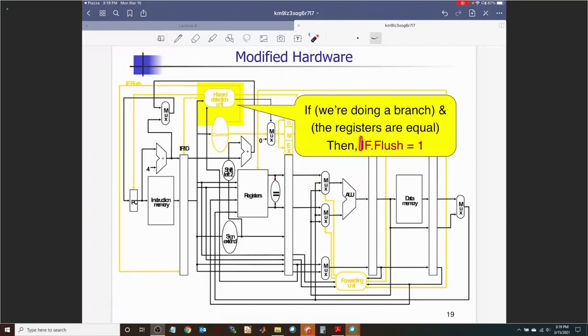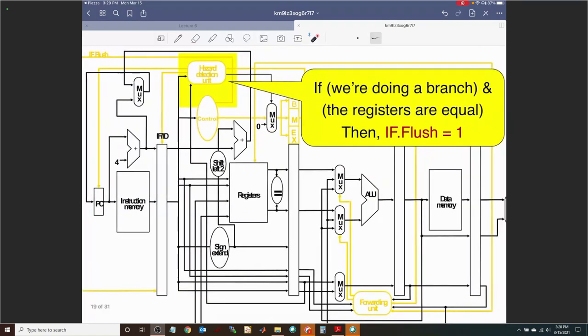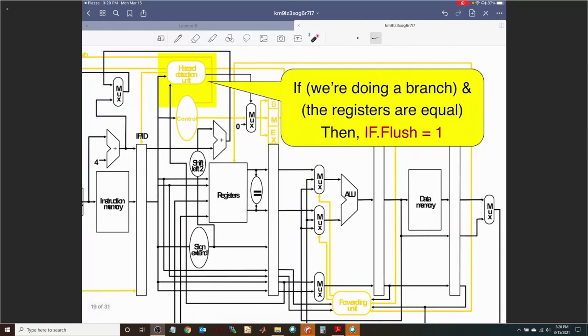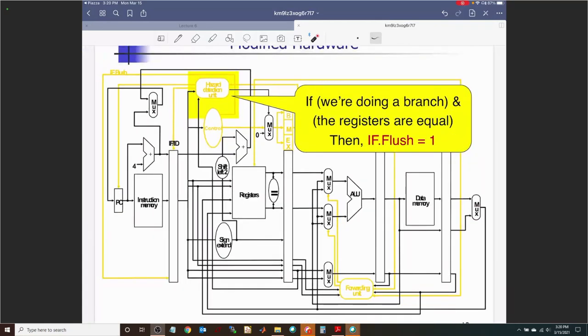All you need to do is set this field called flush in the IF, the instruction fetch stage, to be a 1. So here is your hazard detection unit, and here is your main control unit. The main control unit is going to check whether your registers are equal or not. And if they are equal, you are going to set the field IF flush to be a 1.